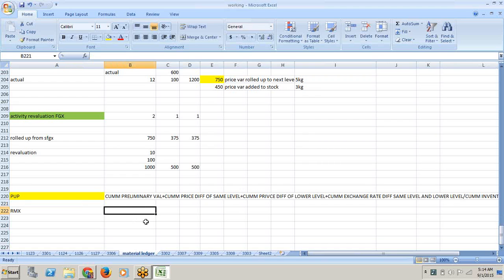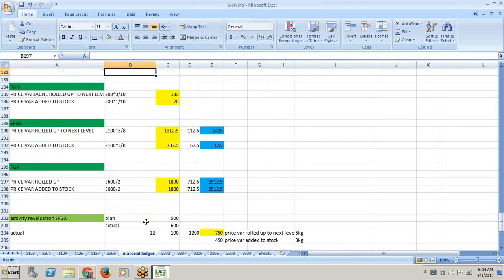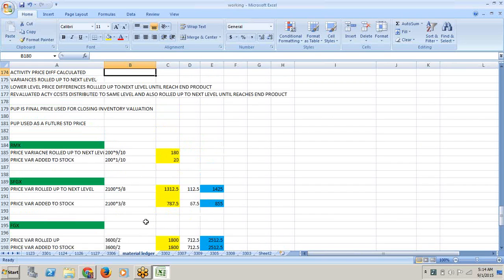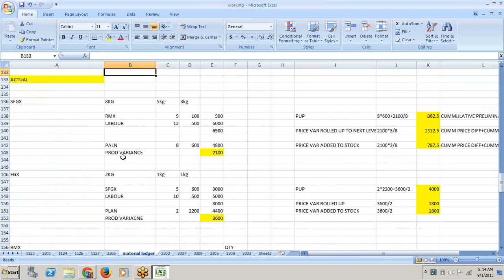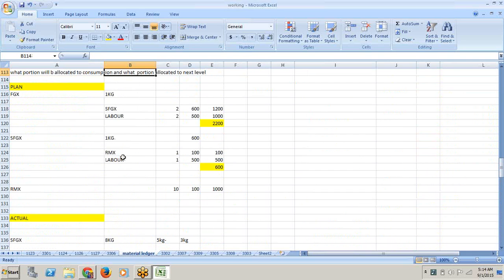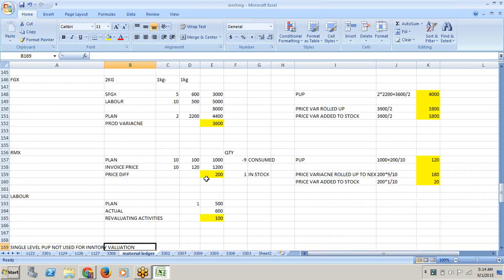So what is the preliminary valuation here for RMX? In this RMX, there is no activity cost. At this level, the original valuation of this RMX is the original valuation of RMX. Here, 1000 rupees is the plan price.